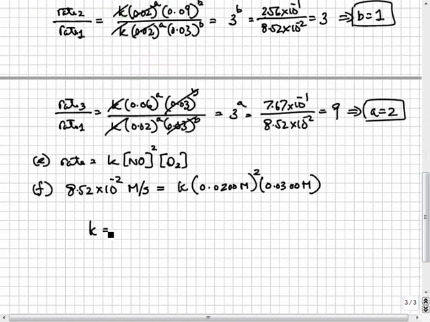Solving for k, we get 7.10 times 10 to the 3.